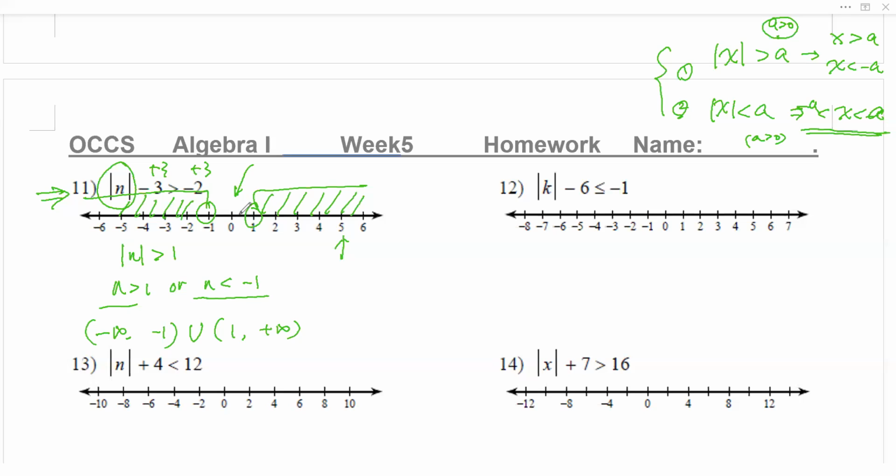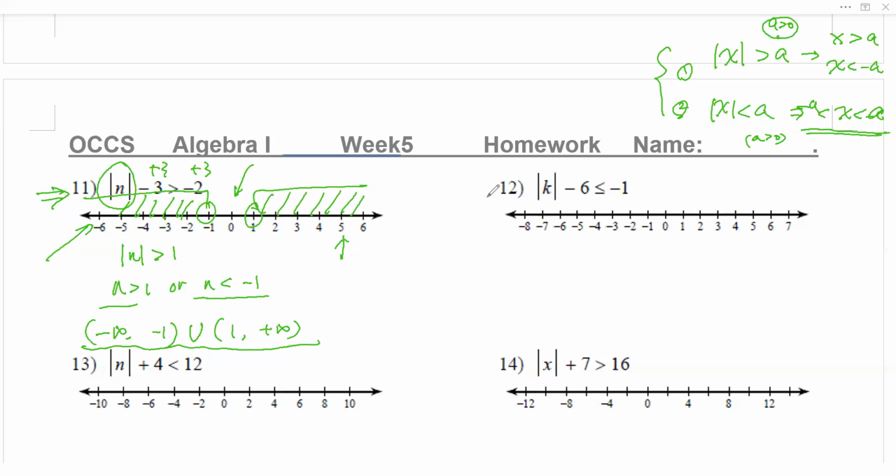So we cannot include 0 here. You can double check by picking any number from the left part. Let's pick -6. The absolute value of -6 would be 6. 6 minus 3 gets 3. 3 is greater than -2. So it makes sense, right? So with this solution, if you're not confident, just pick any number inside your solution to double check it.